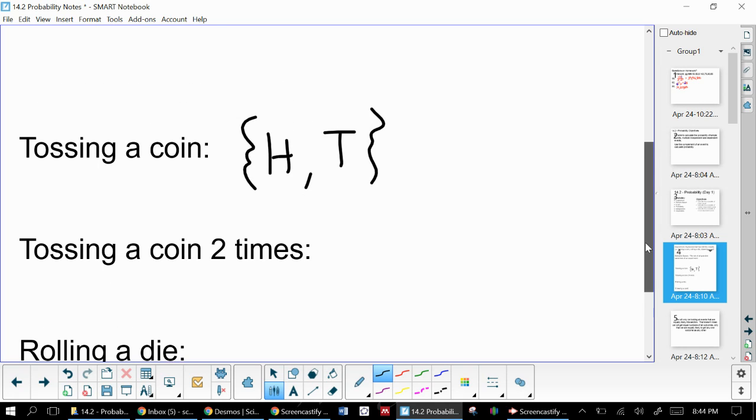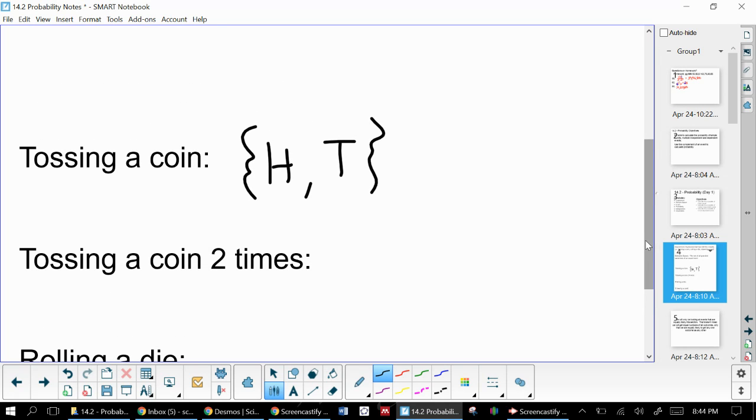Once we get bigger things, something like tossing a coin 2 times, we've got a little bit more complicated things to think about. So if I were to toss a coin twice, one of the possibilities was that I could get heads both times. I could also get something like heads the first time and then tails. Or I could get tails the first time and then heads.